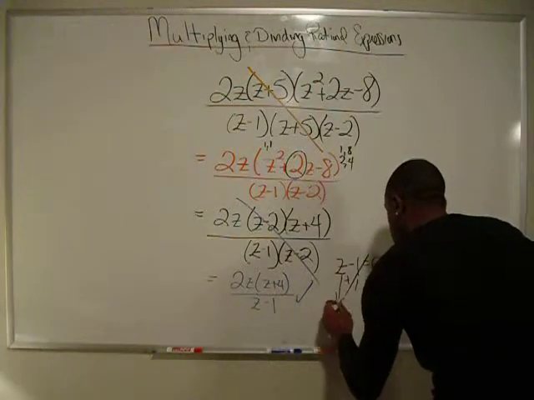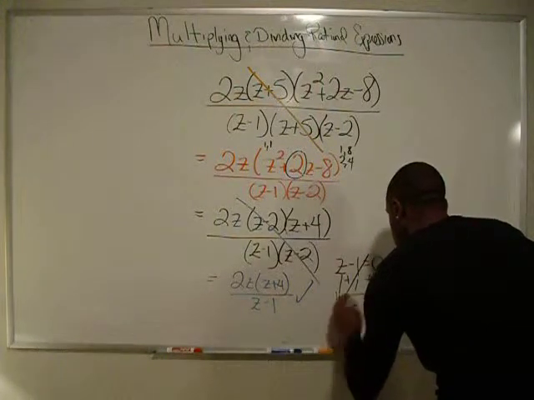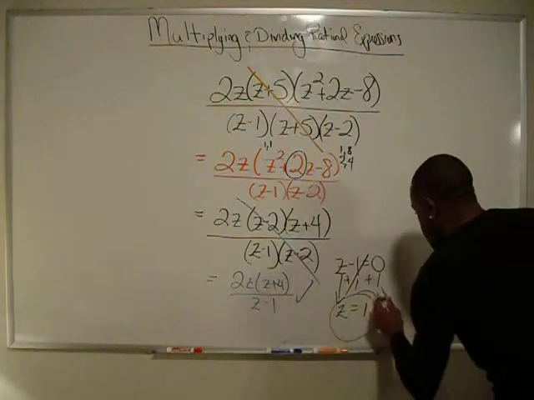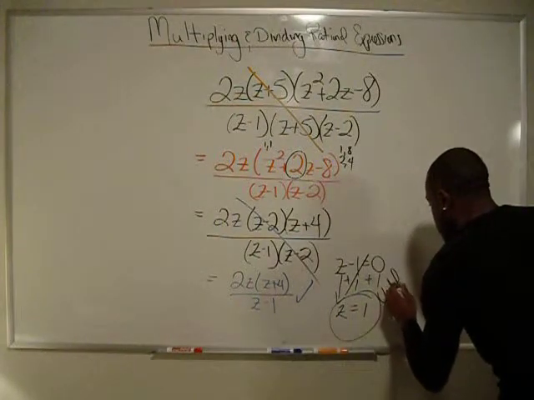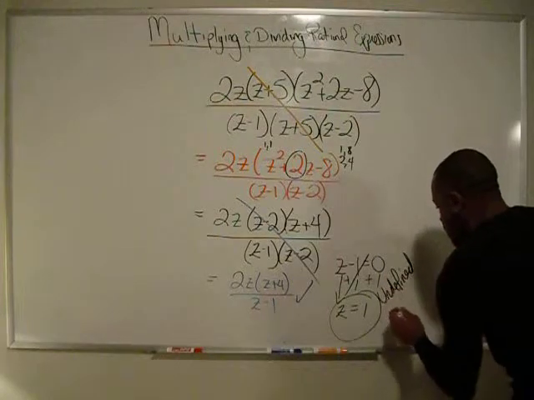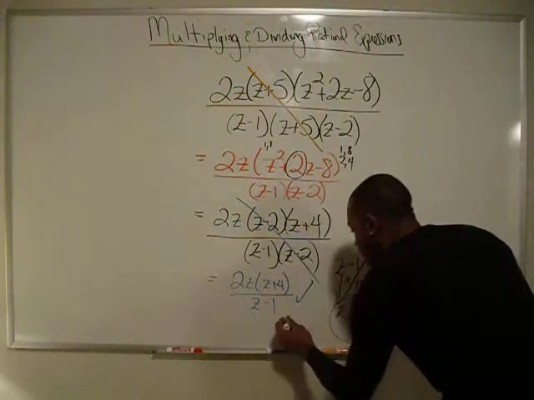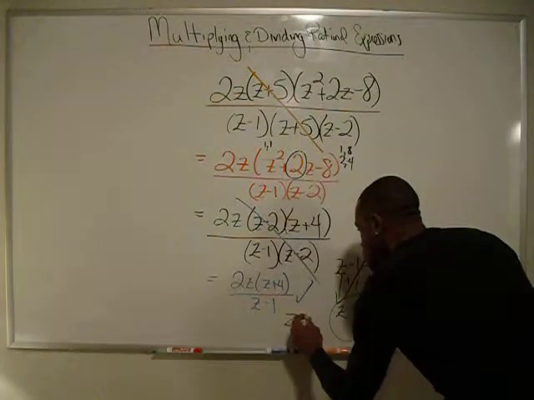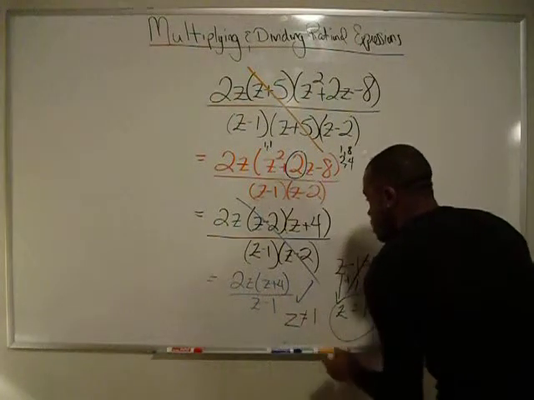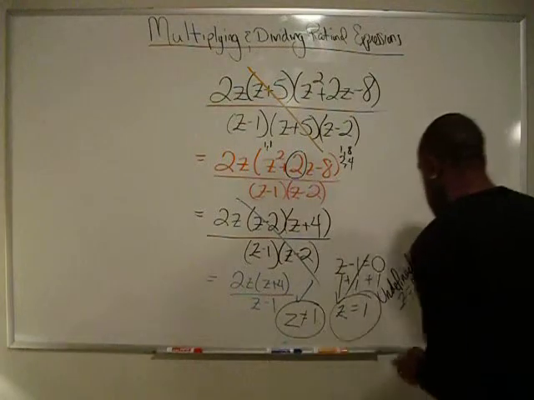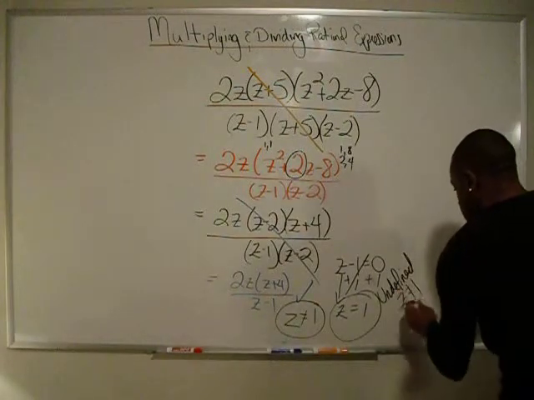Cancel and drop. z equals 1. The function is undefined at value z equals 1. So z cannot equal 1 here. z cannot equal 1.